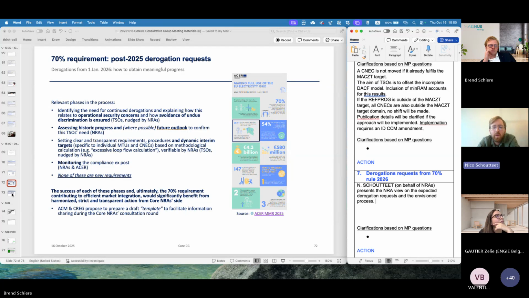So for example, when the CREG will consult with the other core NRAs on the future derogation request of ELIA, we will make all of these points explicit.